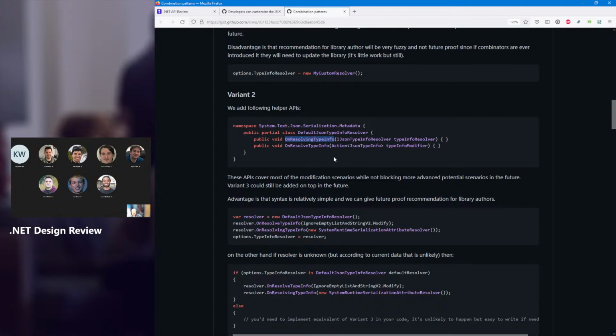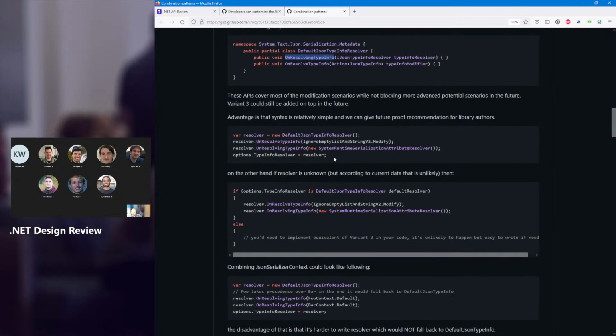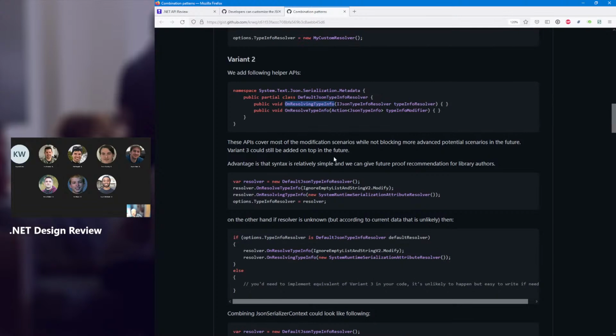So, if this is, I don't know, add external resolver, or whatever, then this loses over the third option the ability that something encountered later gets to go to the front of the list.